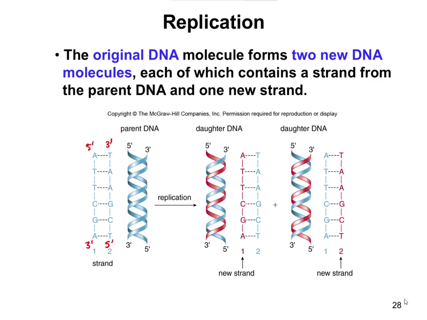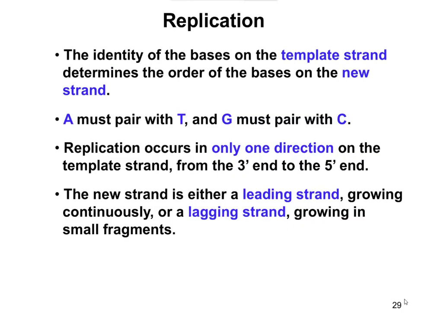All right, so let's look at how this happens. The idea here, and I'm going to start down here on this third bullet point, where it says replication occurs in only one direction on the template strand from the 3' to the 5' end. So I'm going to try to draw this out a little bit down here on the bottom.